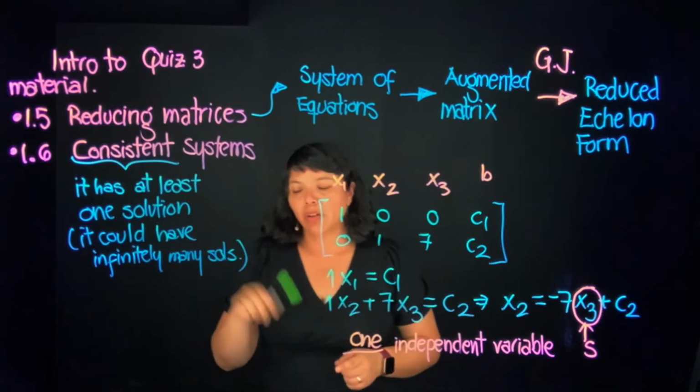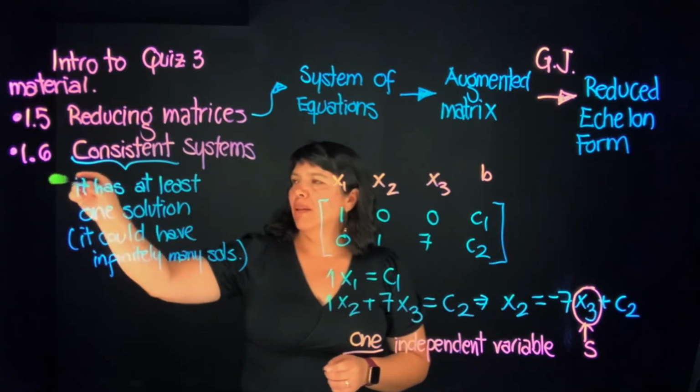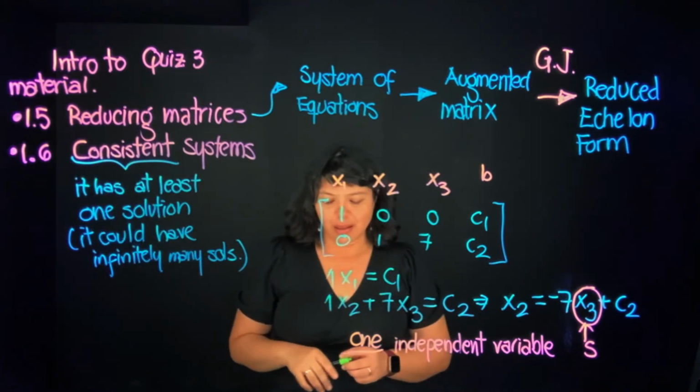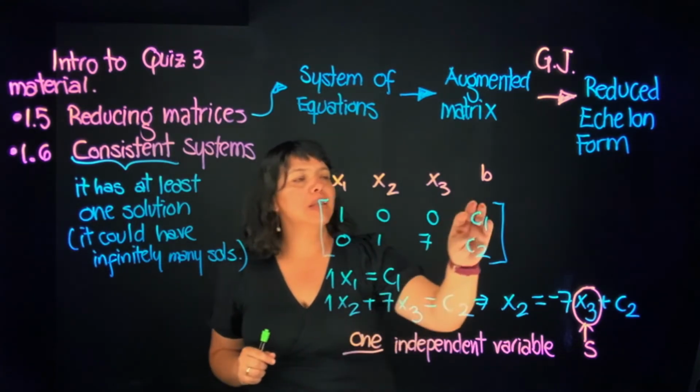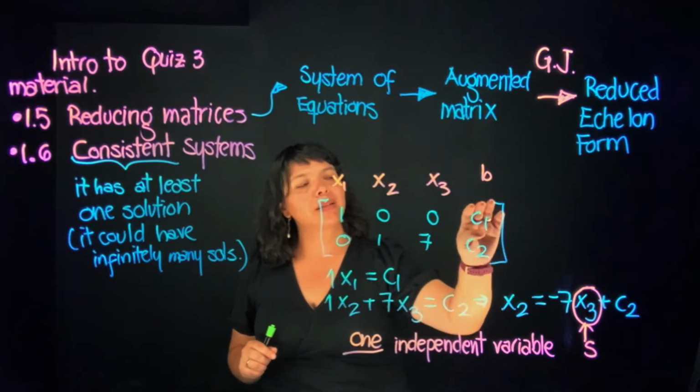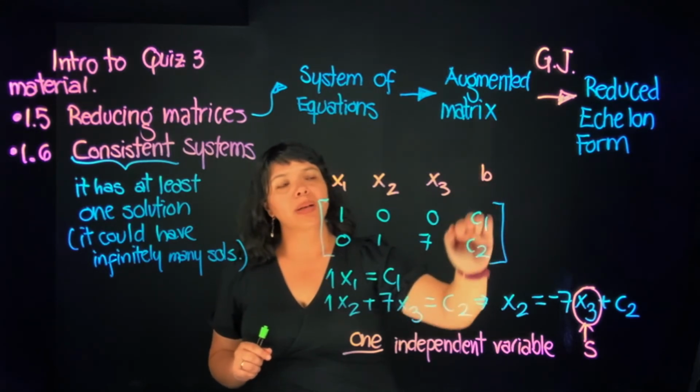And finally, you're going to see in module 1.6 at the end, homogeneous systems. Homogeneous systems are when this part, your constants, your b's, are 0.